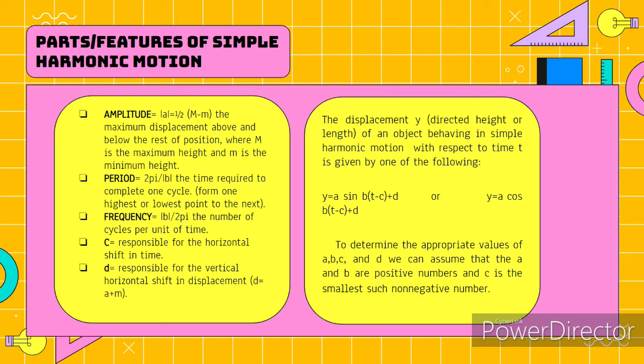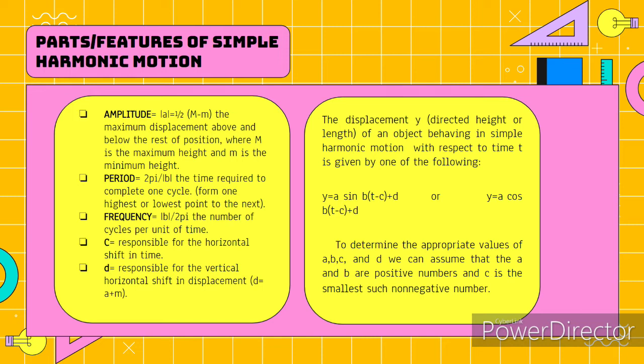Displacement y is the height of an object behaving in simple harmonic motion. The time is given by one of the following equations. The first one is y is equal to a sine b times t minus c plus d, or y is equal to a cosine b times t minus c plus d.